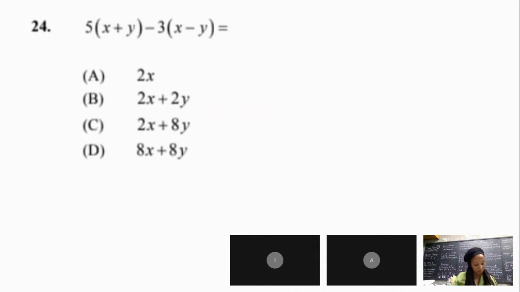Asar. Number 24. You can use the distributive law. So 5 times x is 5x, and 5 times y is 5y. So 5x plus 5y, subtracted by negative 3x plus 3y.